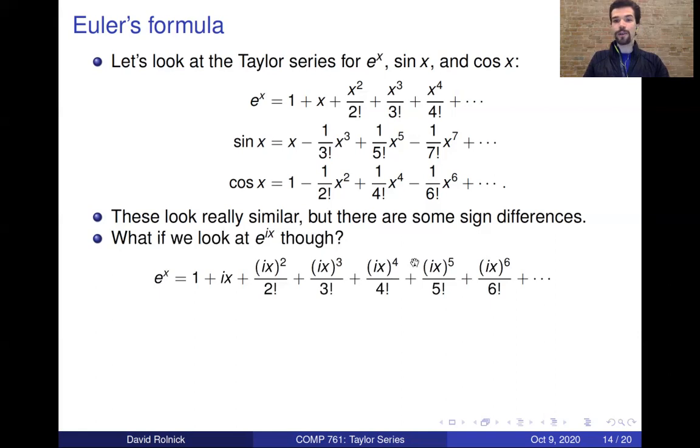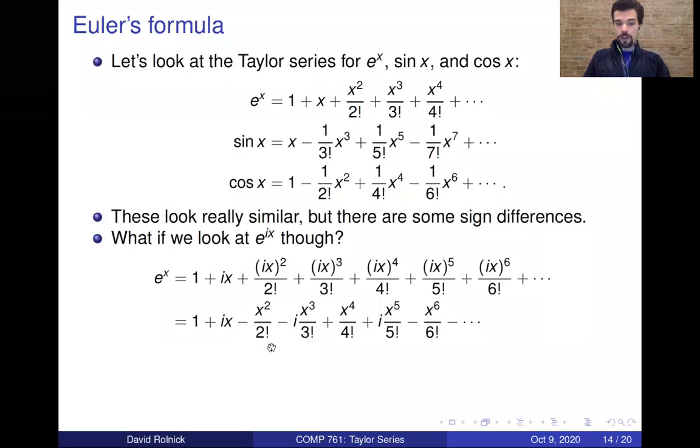If you put this into the Taylor series, you get 1 plus ix minus x squared over 2 factorial minus i times x cubed over 3 factorial plus blah, blah, blah. This is because i squared is -1, i cubed is negative i, and i to the 4th is back to 1. And then you cycle through again.